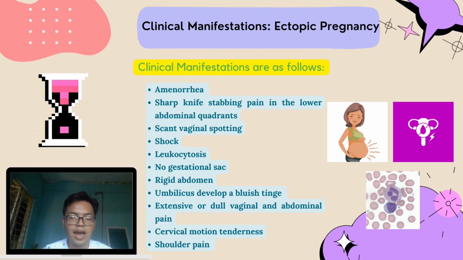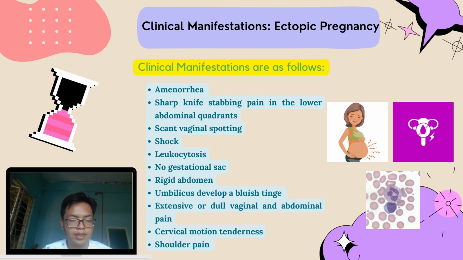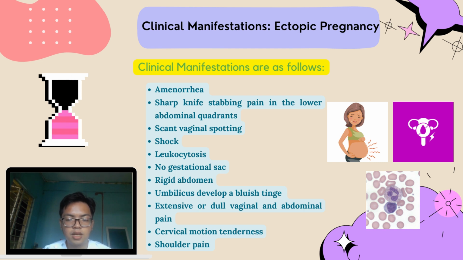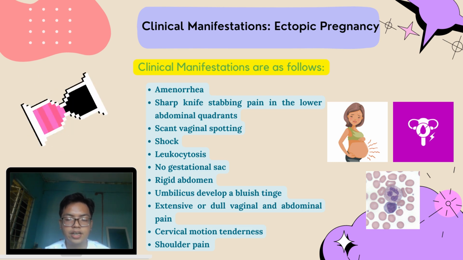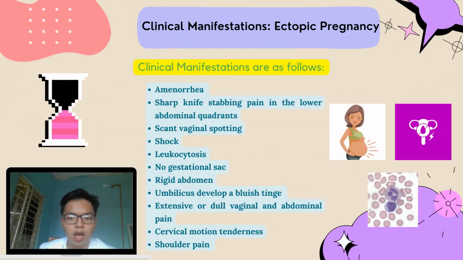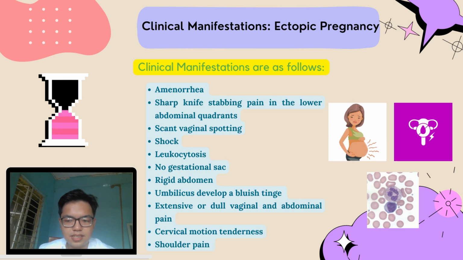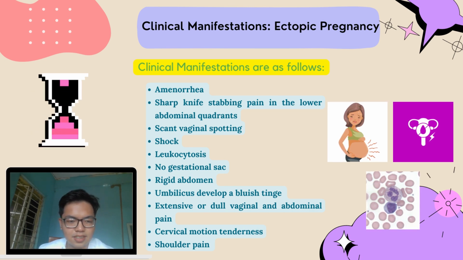Leukocytosis, which is a high number of white blood cells in our blood, no gestational sac, rigid abdomen, umbilicus that develops a bluish tinge or the Cullen sign, extensive or dull vaginal and abdominal pain, cervical motion tenderness, and shoulder pain due to the accumulation of blood in the peritoneal area or the diaphragm. All of these clinical manifestations will be further discussed in the assessment part.